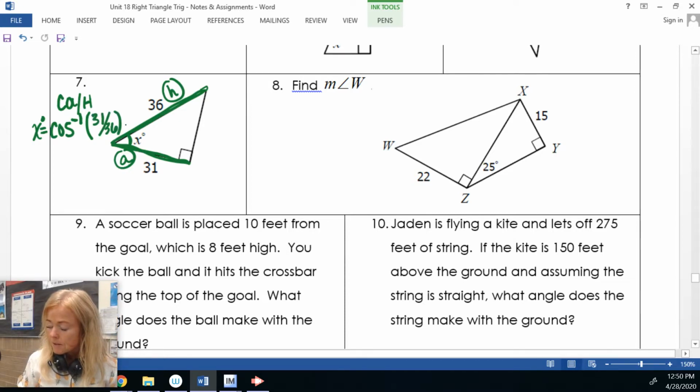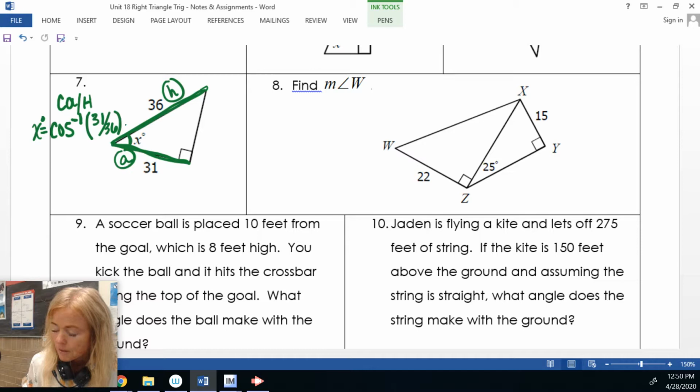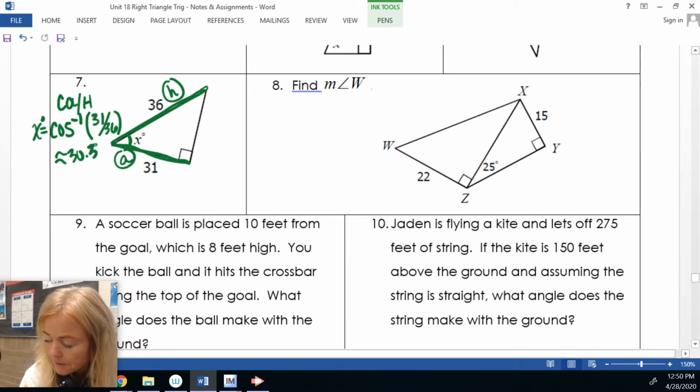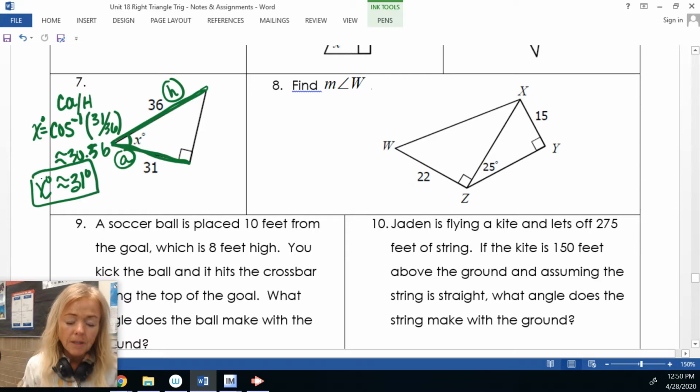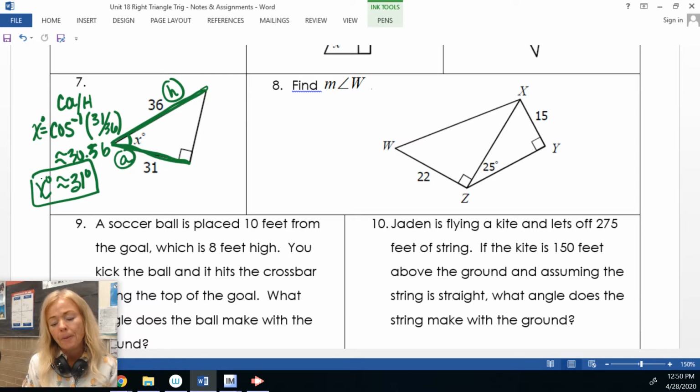All right, and in our calculator, we'll place that. 31 divide 36, and that is 30.556. So about 31 degrees. Okay, and I use that approximate little symbol, little squiggly equal sign. It's not quite 31 degrees, but that's a rounded estimate of that angle.